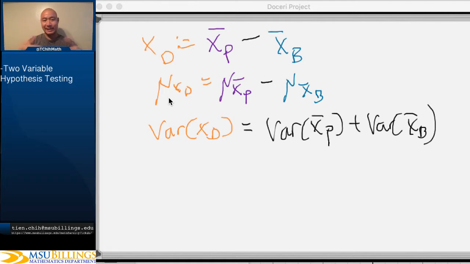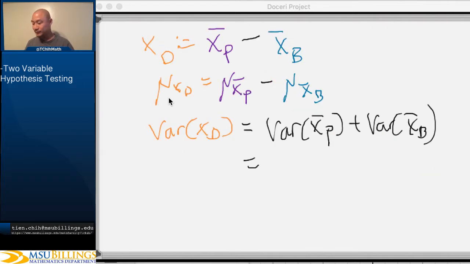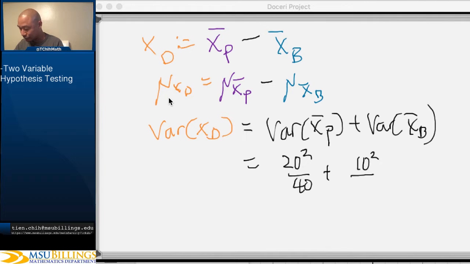When I take their difference, I'm compounding the variations, so I add their variances, and hey, we know what those variances are, because we know the standard deviations are 20 over root 40 and 10 over root 35 respectively. And so the variances are the standard deviation squared, so it's 20 squared over 40 plus 10 squared over 35. I can just throw that into a calculator, so I'm not going to stress about it too much at this moment.